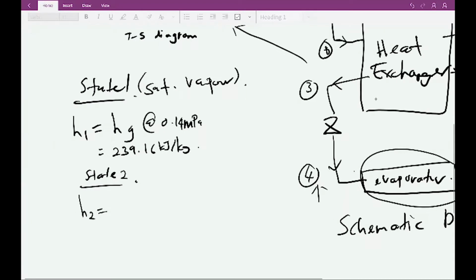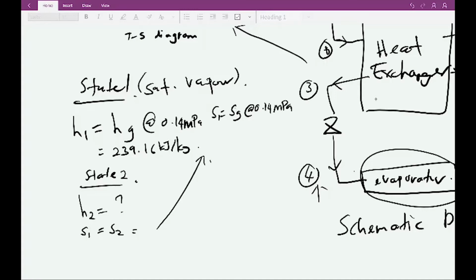To find H2, we need to know S1 equal to S2. The amount of S2 is based on your state 1, so you need to find S1 first. So S1 equal to your Sg at 0.14 MPa.